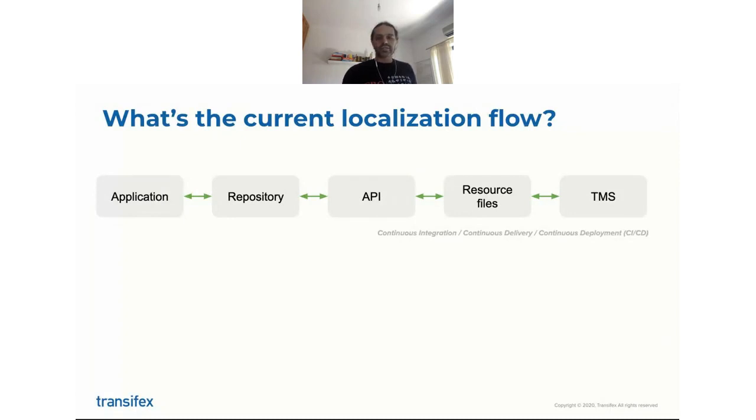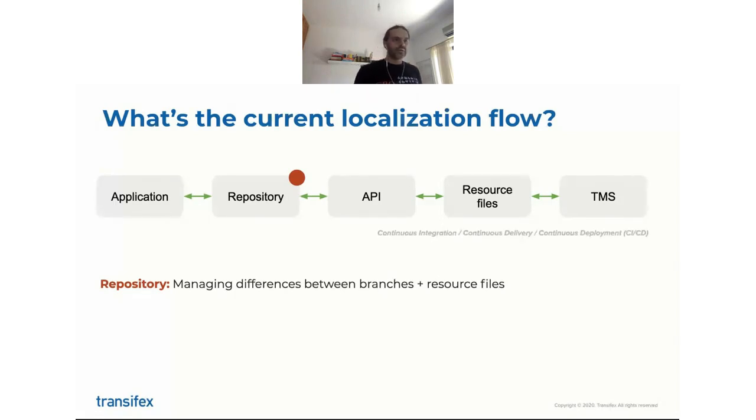The problem starts right there, and the first problem that we have identified in this flow is happening on the repository. Usually in the repository, engineers work in parallel on different features or enhancements or bugs, and either introduce new content that needs to be localized, or they change content that is already there.